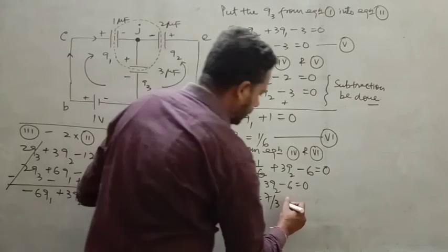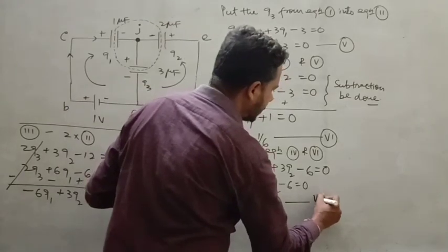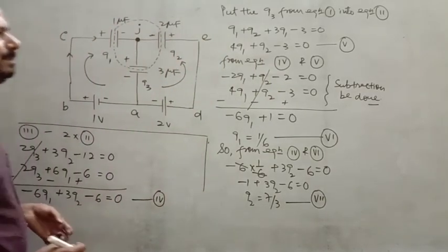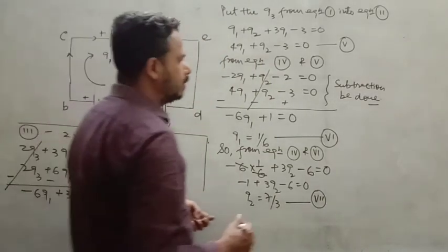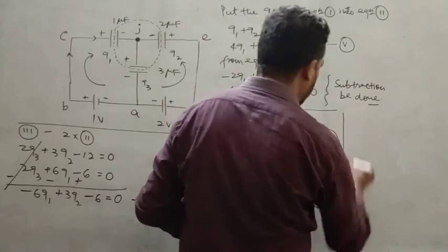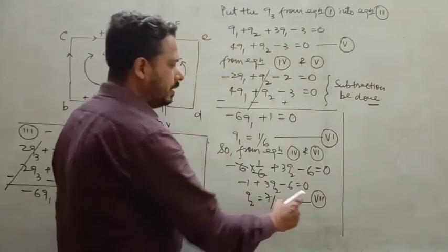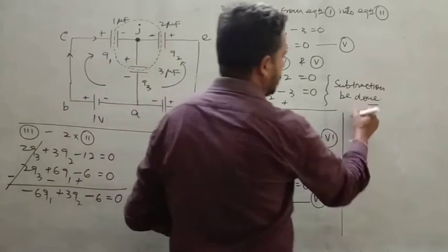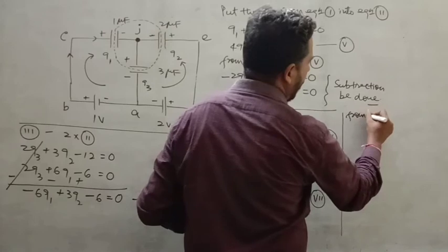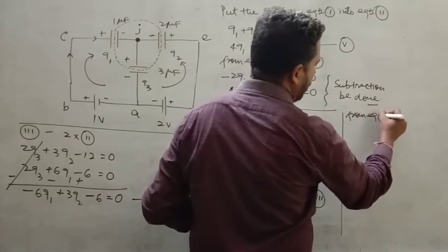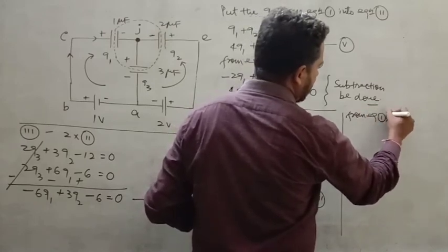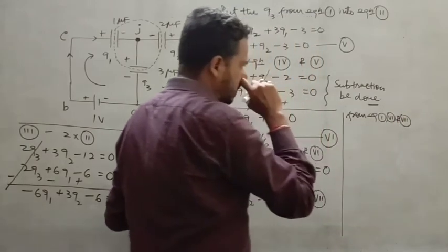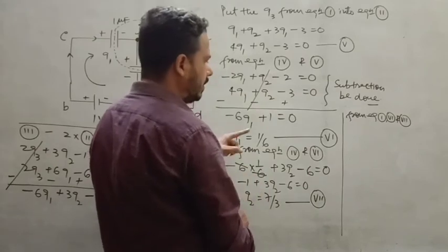And this is your next equation 7, and then you have to find q3. So use equation 1, equation 6 and equation 7. Using these equations, put the value of q1 and q2 in equation 1.